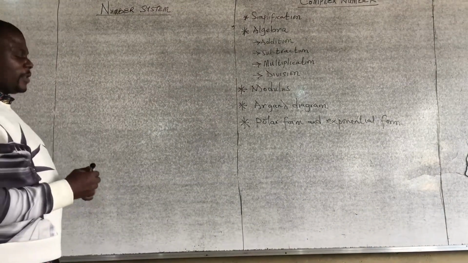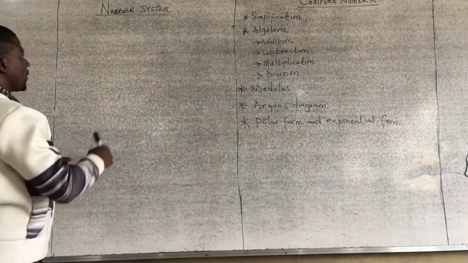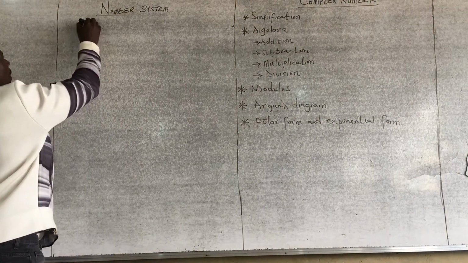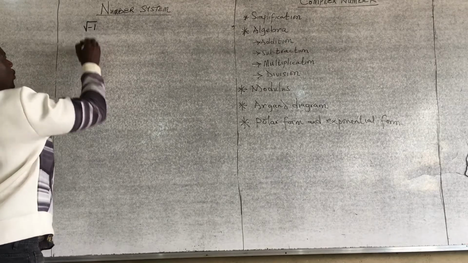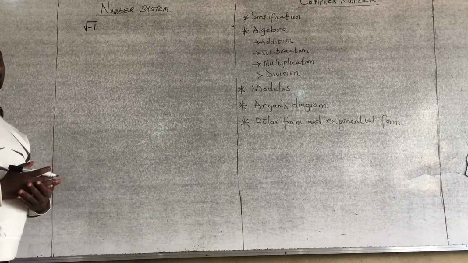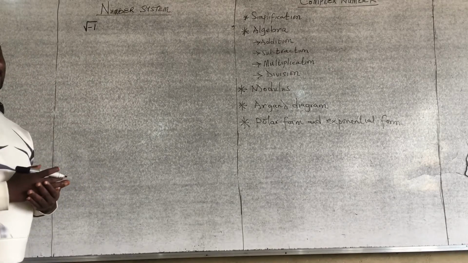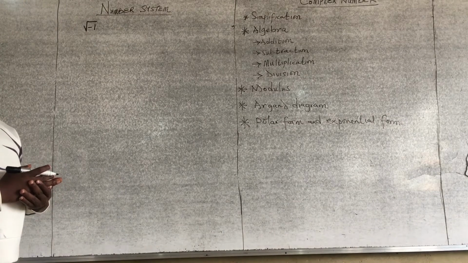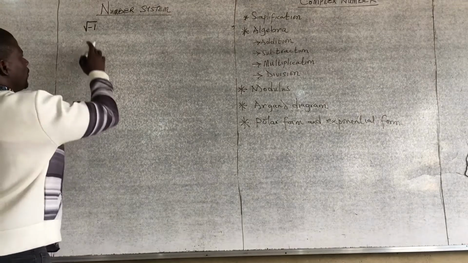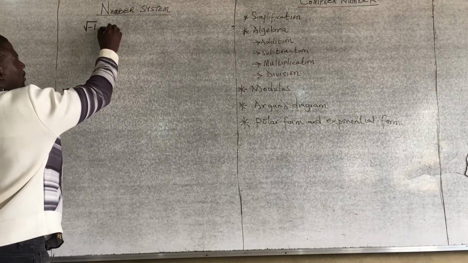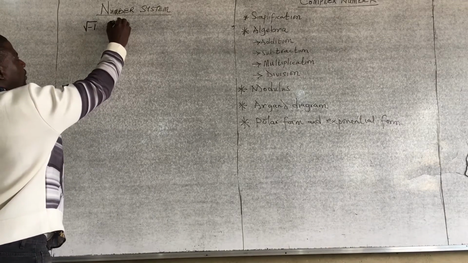Now, when you are talking about complex number, when you have square root of a negative number, like square root of -1, if you press this in calculator, you cannot have an answer. It will give you math error. So anytime you have square root of -1, that's what you call a complex number.